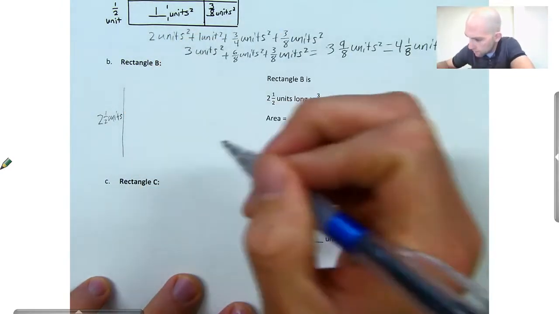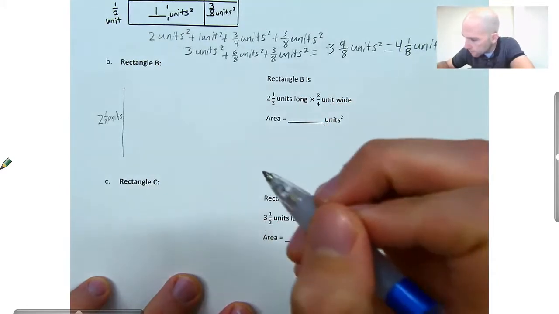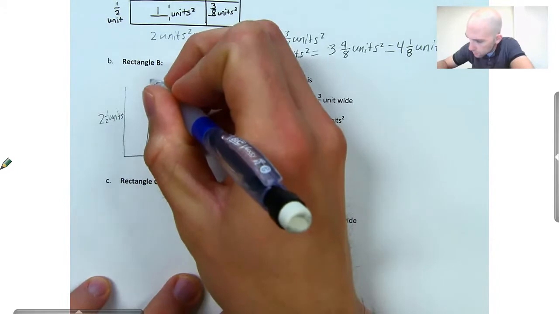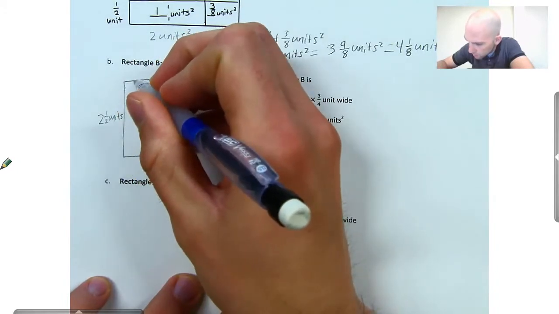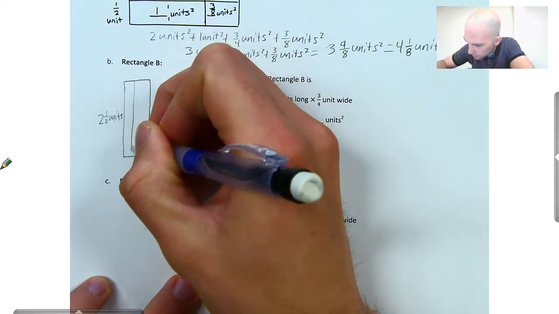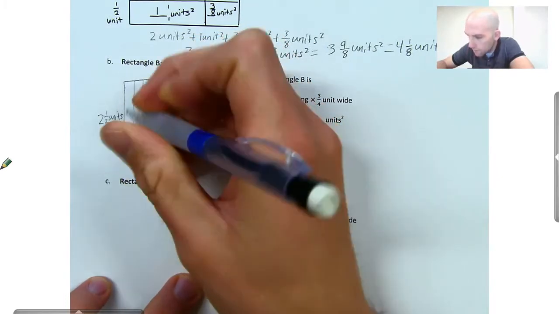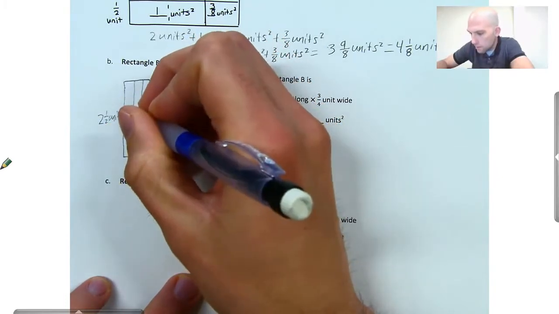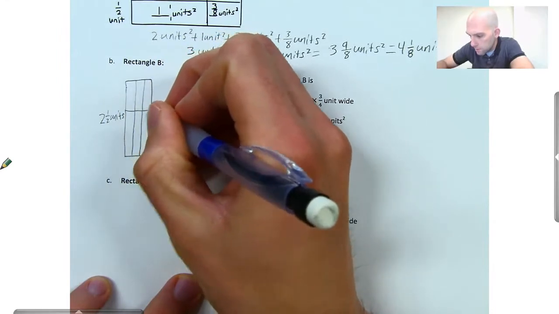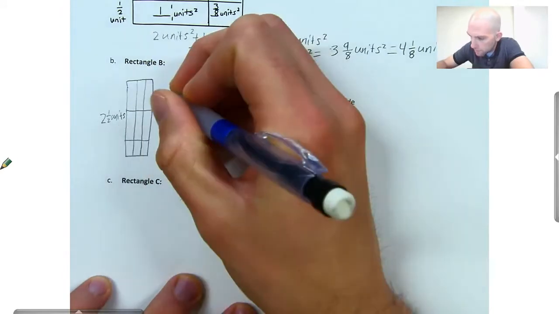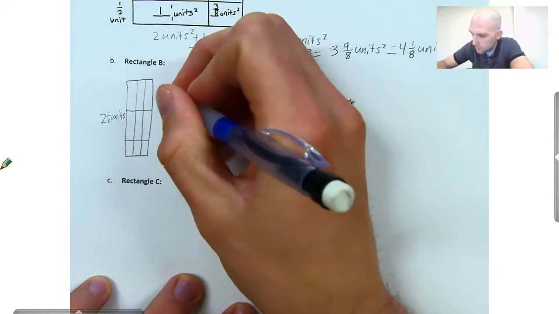And we have 3/4 units wide. Let's split this into 3 sections here. Each one is a 1/4. And then this way I'm going to make 2.5.